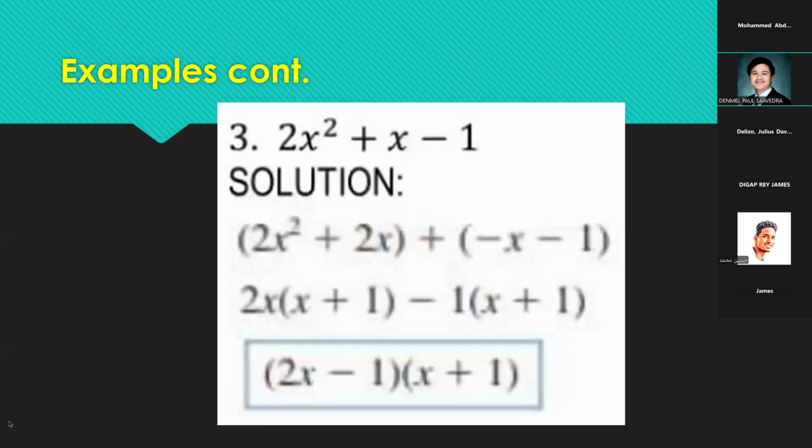Okay, so notice that the x is now 2x minus x. Okay, it's still the same, if you will analyze 2x minus x, it's still positive x. Correct?